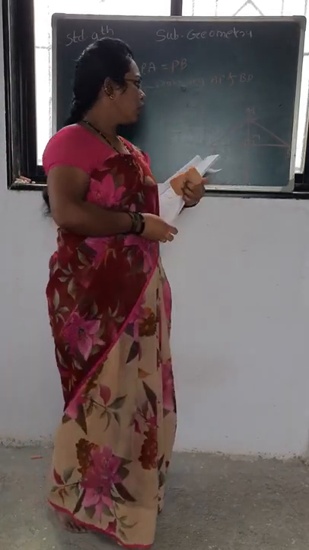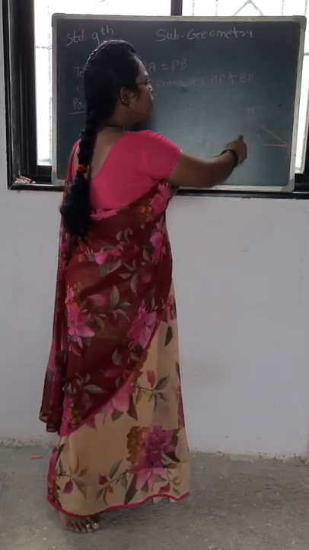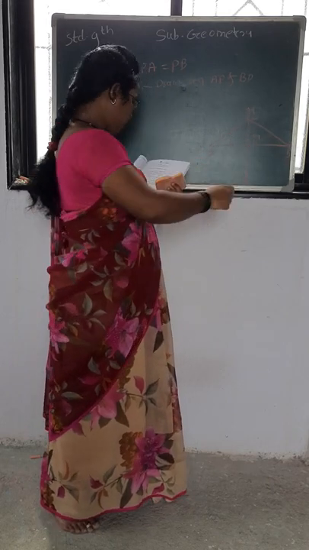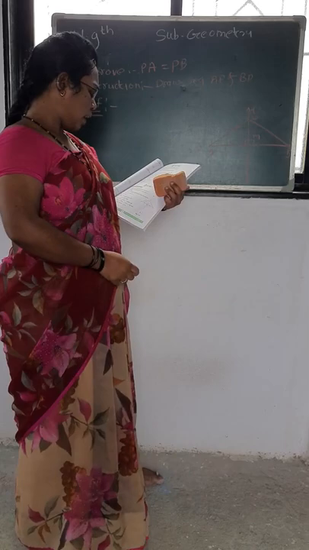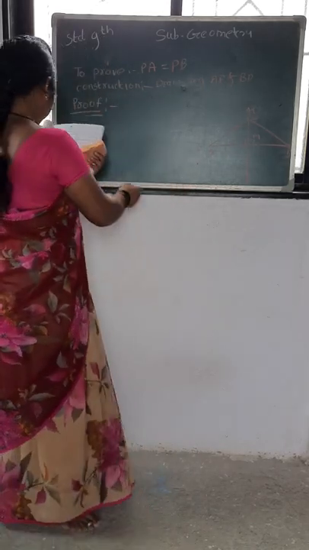In the construction we join AP and BP. Then we get two right angle triangles, triangle PMA and triangle PMB.